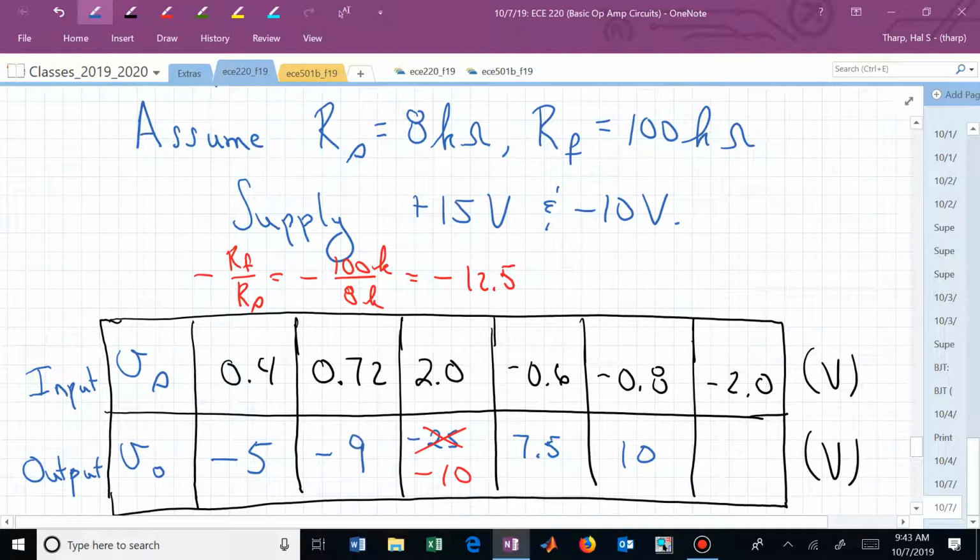What about -2? If we hadn't hit against the supply rail, we would have said, oh, it's 25. But now we have a 25 coming at us from the formula, but then we have to realize that that's hitting the rail. And now the positive supply rail is different than the negative supply rail in terms of its absolute value.